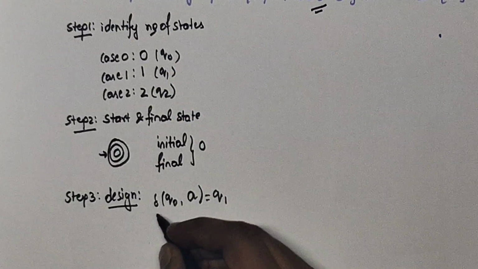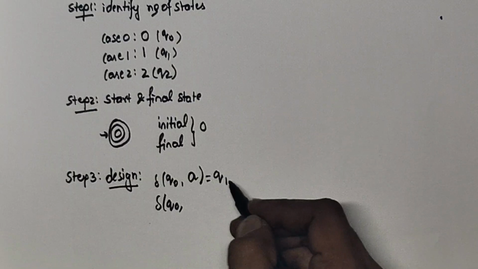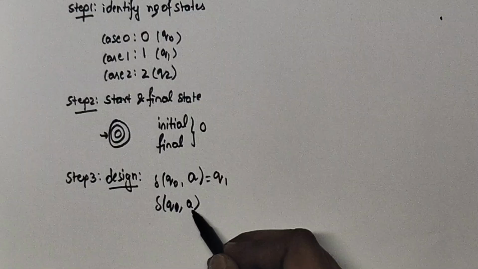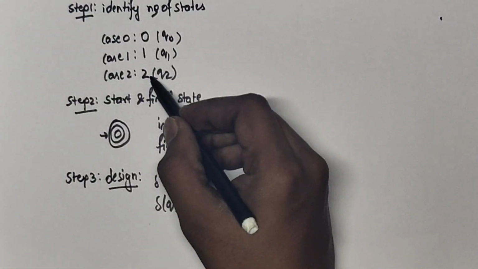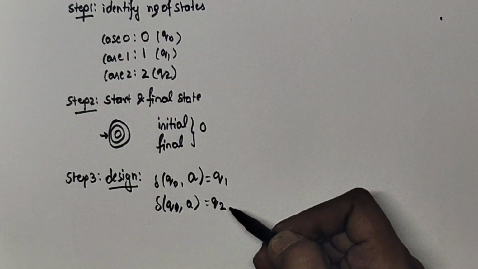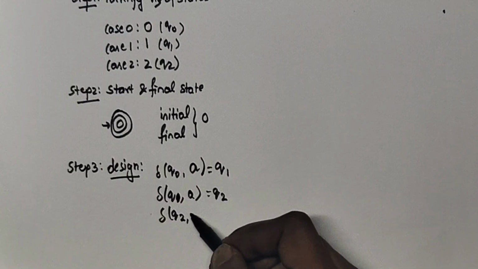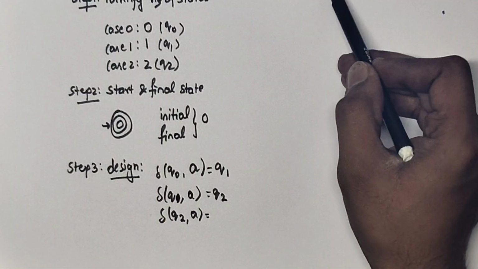Now delta of Q1, if I add another A to Q1, what will it become? It will become remainder 2, that is it will be equal to Q2. Now delta of Q2, if I add another A to Q2, it will become 3 A's and it will be divided by 3.